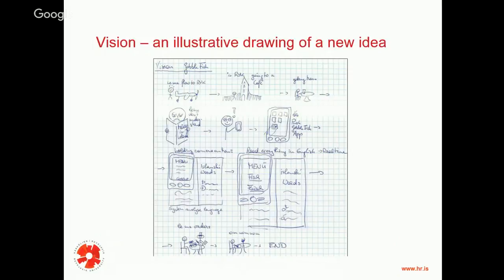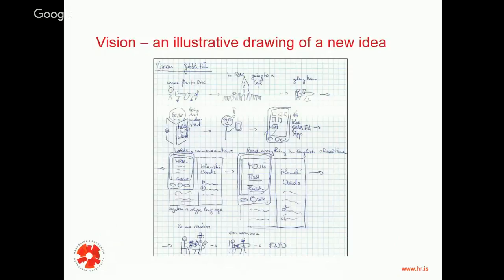So you're a tourist, you come to Iceland, you go to Hallgrímskirkja, the main church, and you're thirsty and go to a coffee shop and you don't understand the menu. So you need some app for translating.